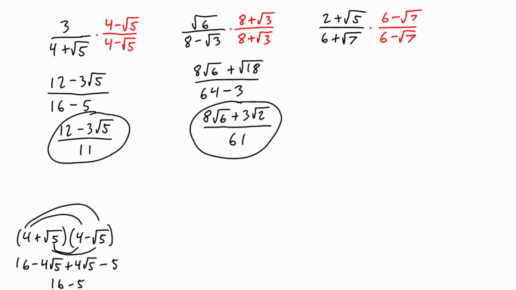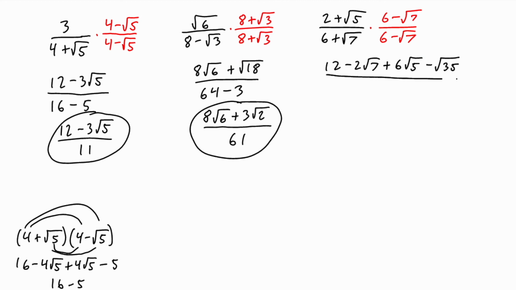So 2 times 6 is 12. 2 times negative square root of 7 is negative 2 square root of 7. Square root of 5 times 6 is 6 square root of 5. And square root of 5 times negative square root of 7 is negative square root of 35.